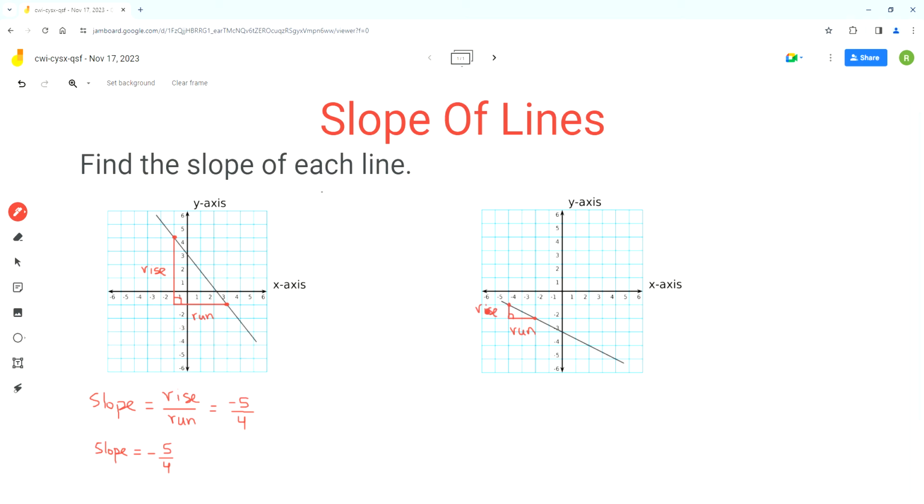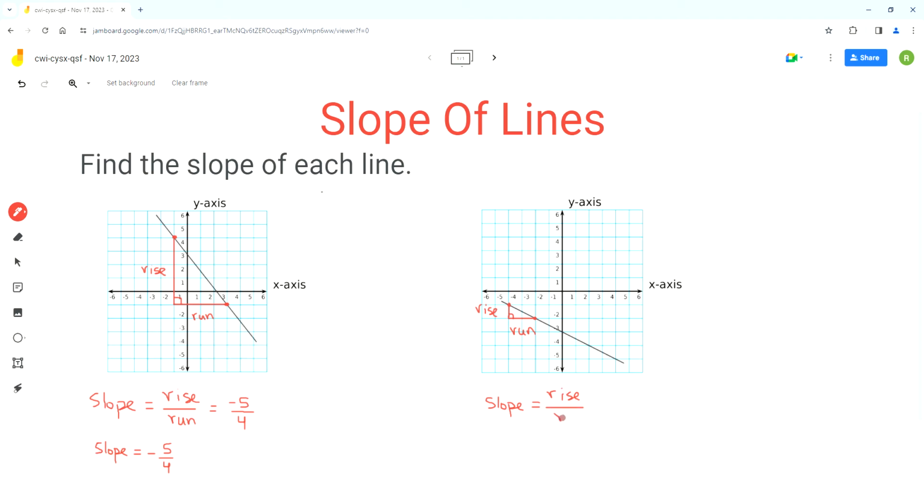Now in this case, as we go from left to right, we have to go down to go from the first point to the second point. So the rise is negative. So we'll use the same formula to calculate the slope of this line. So the formula is rise over run.